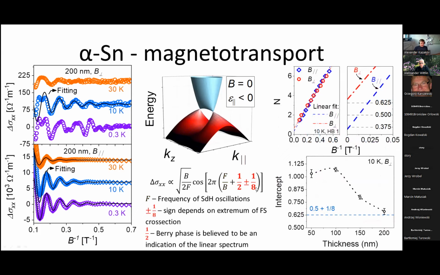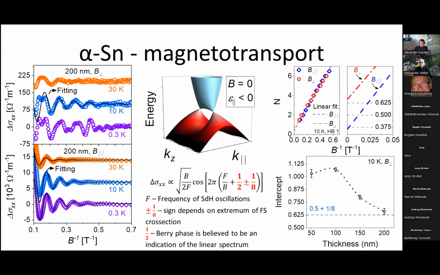We also calculated the phase difference. This 1/8 offset of the phase is also determined by the cross-section extremum, whether it's a minimum or maximum. That's where this sign comes from, and it is also consistent with the band structure calculations.